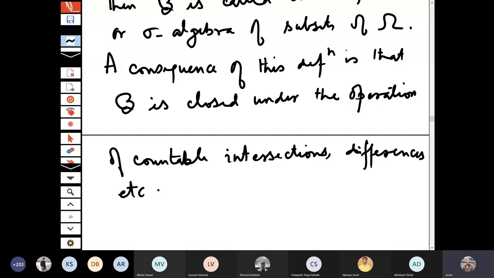That means if I am considering any two events, I may be interested in their simultaneous occurrence, or in the occurrence of at least one of them. So if I am taking events A and B, then I may be interested in A complement union B, or B minus A, and so on.